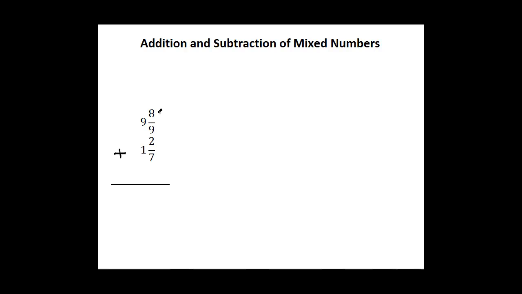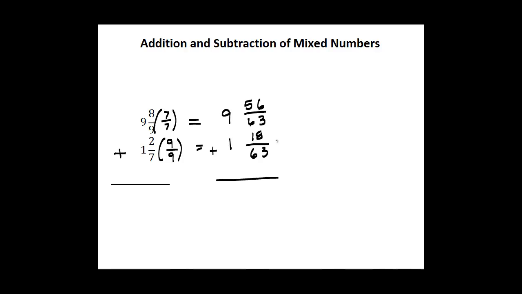We can multiply the 8/9 here by 7 over 7 and the 2/7 by 9 over 9, and we end up with 9 and 8 times 7 is 56 over 63, and 1 and 18 over 63. So we're going to add now the fraction part, 56 plus 18, and the denominator will say 63.